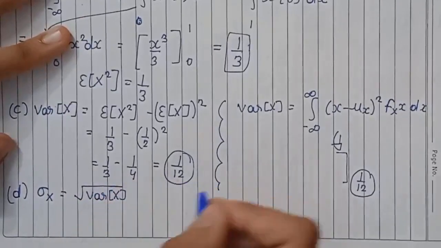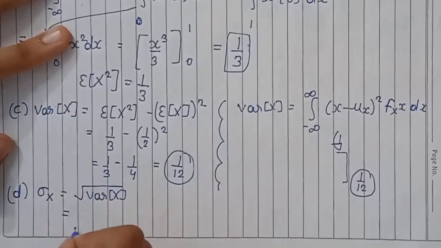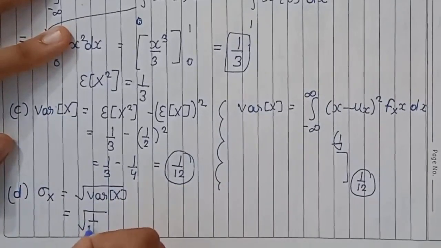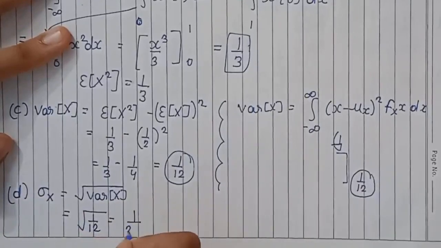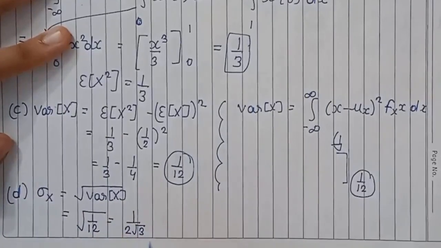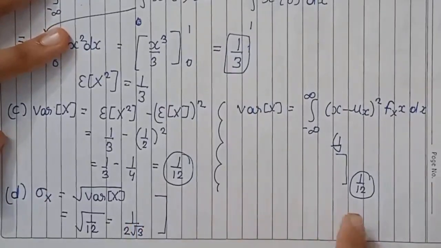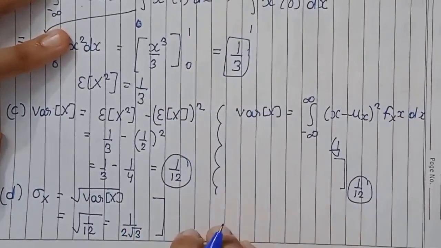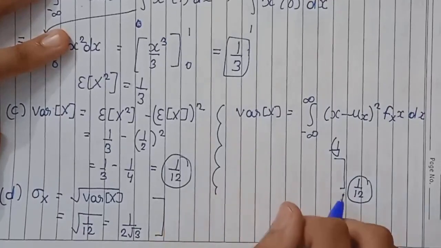We have already calculated the variance of x as 1 by 12, so its standard deviation is square root of 1 by 12, and we can write 1 by 2 into square root 3. So this is the standard deviation of the random variable. Now I hope that this discussion of expectation and variance of continuous random variable is clear to you.